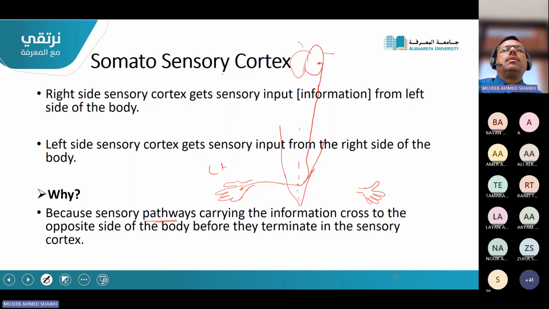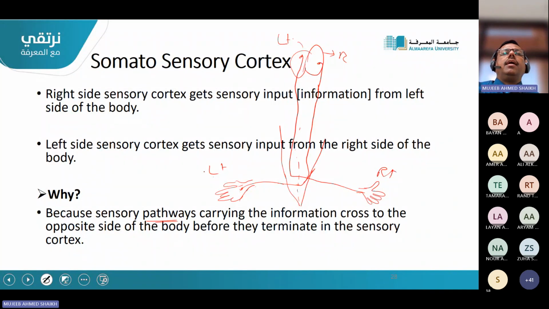So this is right side, this is left side. So information from left side is going to the right cerebral cortex. Similarly, from the right hand, the information will come here, cross to the opposite side and then ascend and supply to the left side. So there is a crossing of information, crossing of fibers, or crossing of sensory tracts occurring.